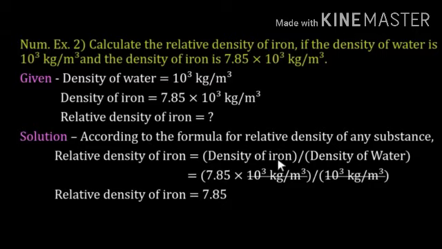Now density of iron is given as 7.85 into 10 raised to 3 kg per meter cube divided by density of water, 10 raised to 3 kg per meter cube. This 10 raised to 3 kg per meter cube in the numerator and 10 raised to 3 kg per meter cube in the denominator will both be cancelled by each other. Therefore, the relative density of iron will be 7.85.